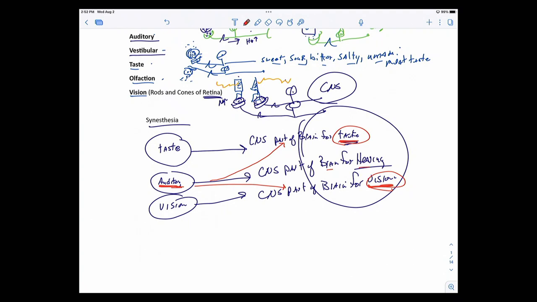So there are people who, when they hear a sound, will have a taste, or they hear a sound and see something, or maybe they see something and it causes a taste, or see something and it causes sounds to happen, again because of this cross-wiring. That condition is called synesthesia, and someone who has this particular wiring is called a synesthete.